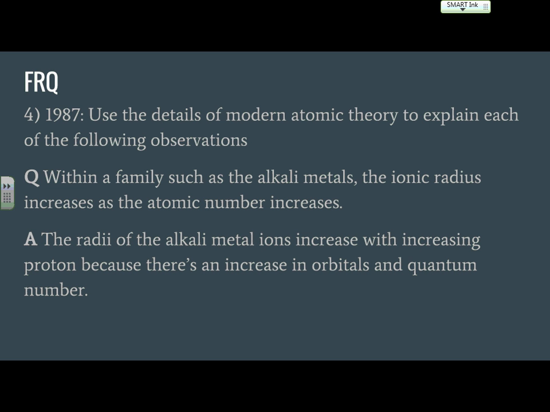The answer is the radii of the alkali metal ions increase with increasing protons because there's an increase in the orbital and quantum number, like 1s, 2s. When you say increasing in orbitals, what's another way to say that more consistent with what we would say?